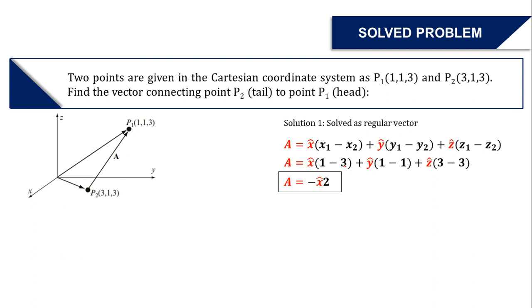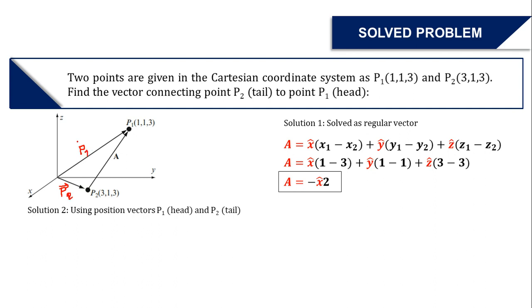So, yan. For the second solution, we are going to use position vectors P1, yun yung ating head, and yung P2 sa tail. So, paano naman yun? So, isa-solve daw natin itong position vector na yan, at ito rin position vector na to, 2.